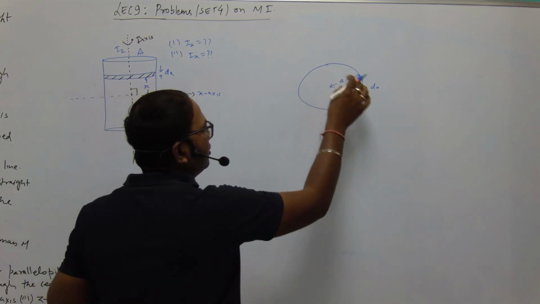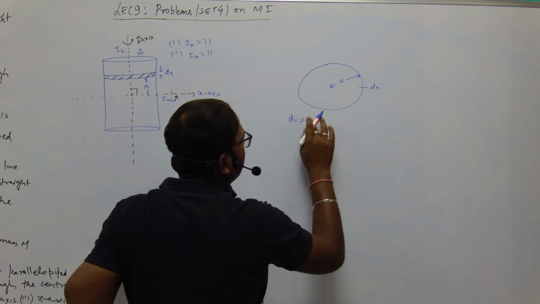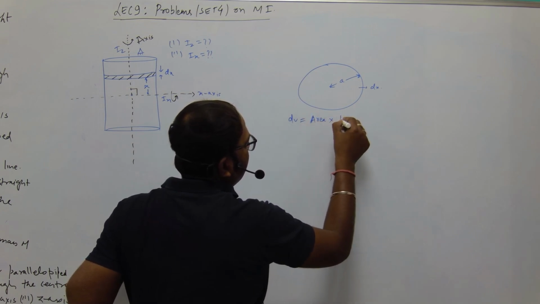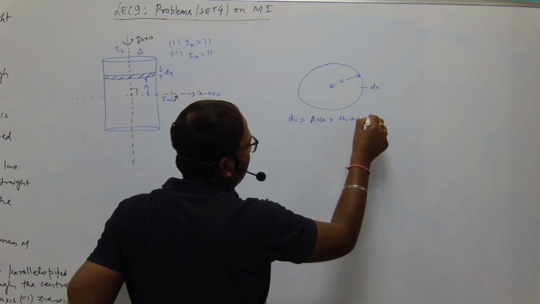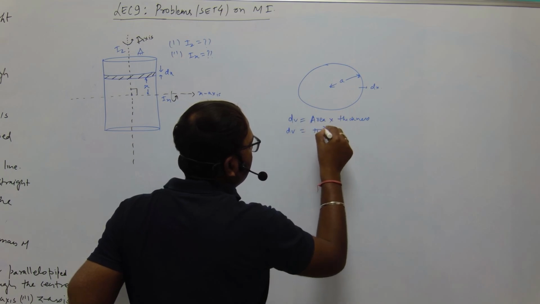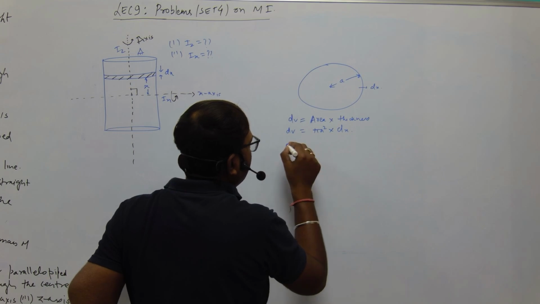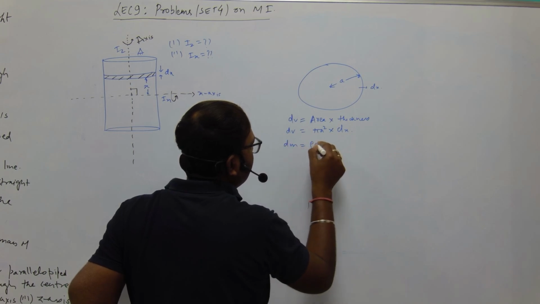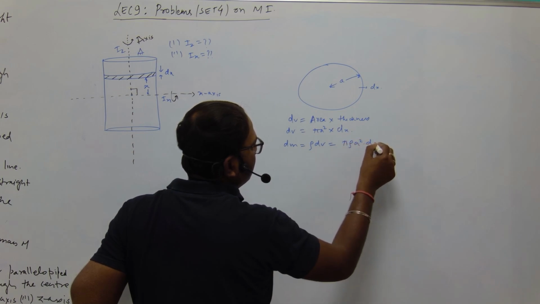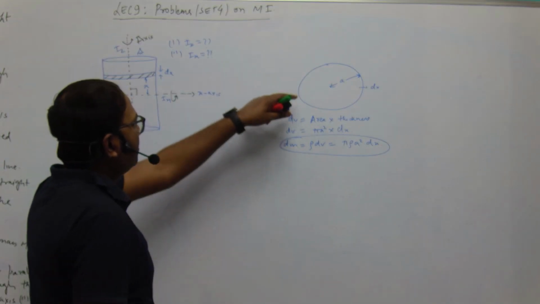This is area into thickness. So elemental volume dV is equal to the area of this disk into thickness. So dV is equal to pi a square into dx. So what will be the elemental mass? dm is equal to density times dV, which is pi rho a square dx. This is the elemental mass of this disk.